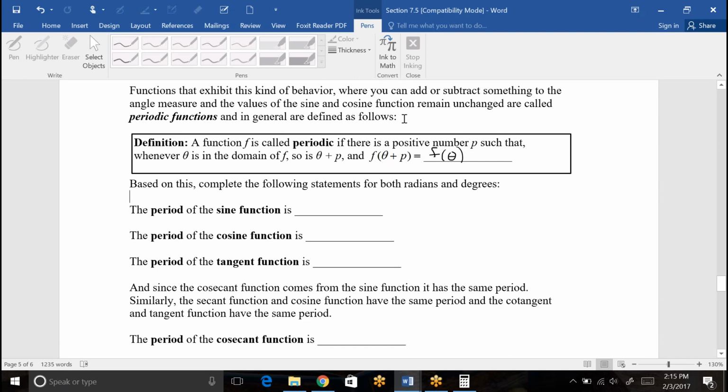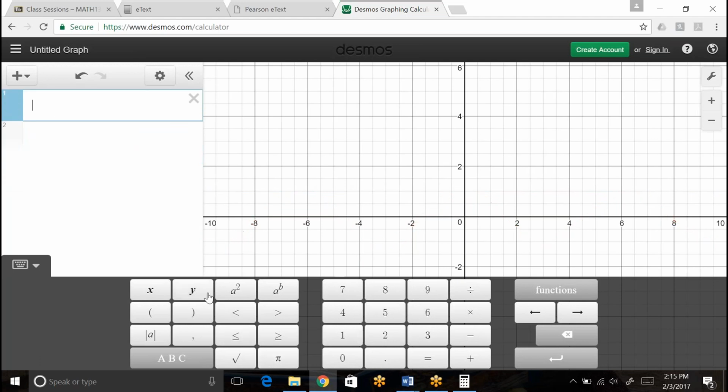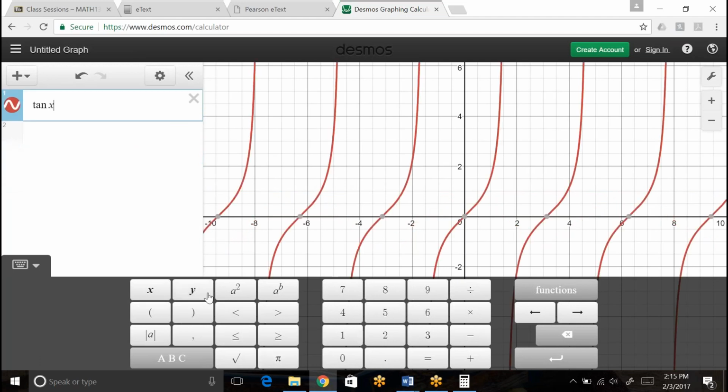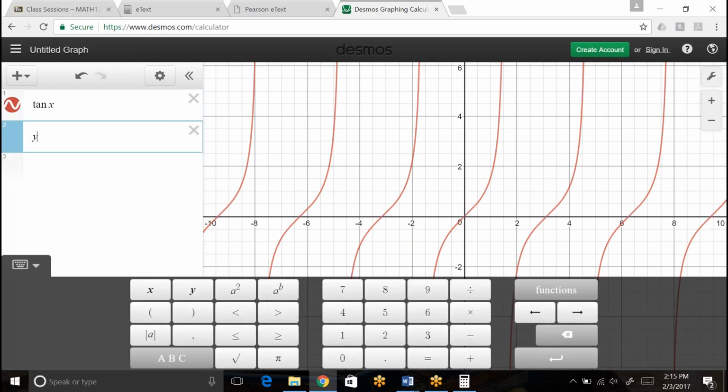Oh, I lost my ability to use my pen. So 2 pi, we already know that the period of cosine is 2 pi. The period of the tangent function, let's look. I can type this into Desmos, even though we haven't formally learned how to graph these yet. You'll see that tangent has a little bit different going on here. If I want to know when tangent has y equals 1, I'm just making up a height.